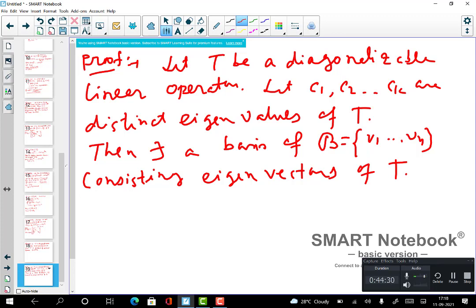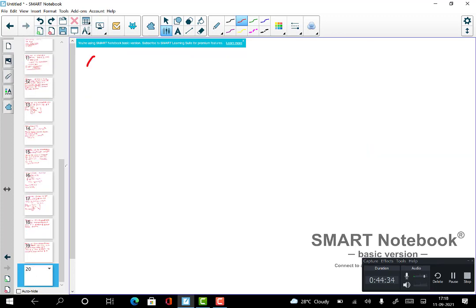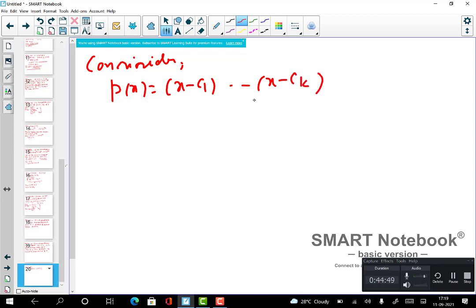So you start with the operator. Now consider this polynomial, say p(x), which is equal to (x minus c1) up to (x minus ck), a product of these. Now this is a product of linear factors with no repetition.